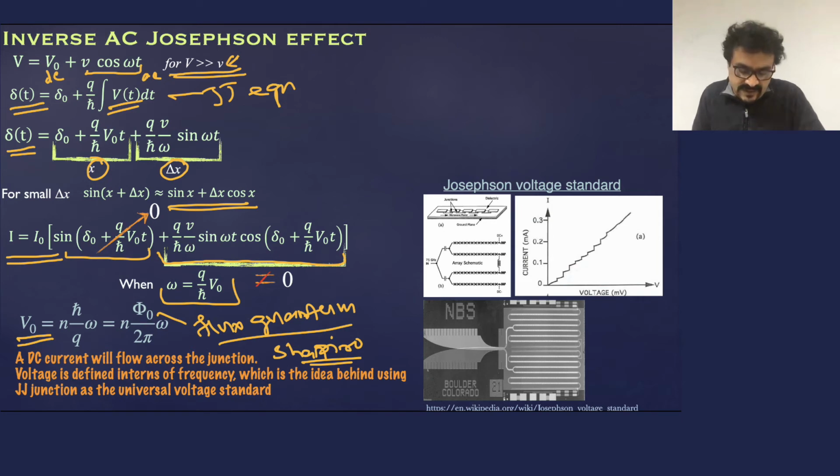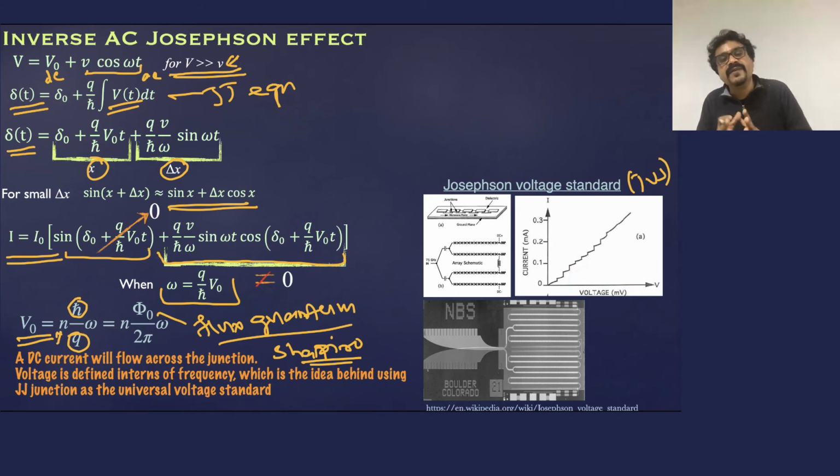So what this says is you can define the voltage very, very accurately if you define the omega. Or this phenomenon can be utilized for making a universal voltage standard, and that is what is being done to standardize the voltage. It's called the Josephson voltage standard, or in short JVS. So the assumption here is that this is a fundamental constant, this is a fundamental constant, and n is also a constant.